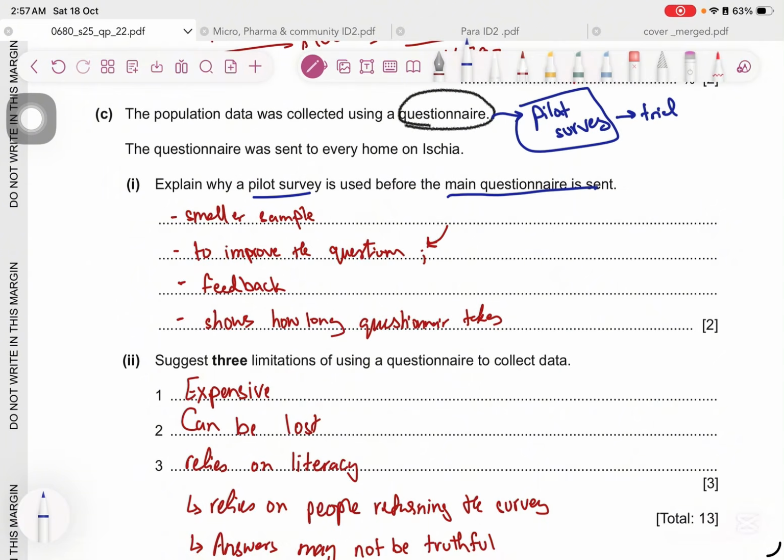And also it's a test, so the questions are handed out to a smaller sample, like 100 people, or let's say 20 people, okay? They hand it out to 20 people to check what is going on, and if everyone is going to understand the questions as intended or not.